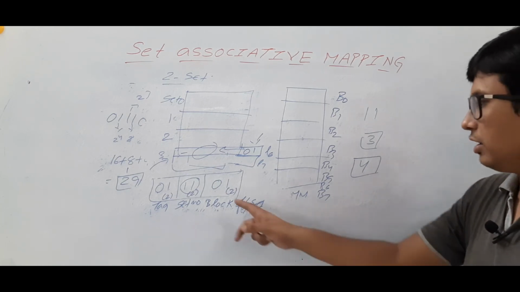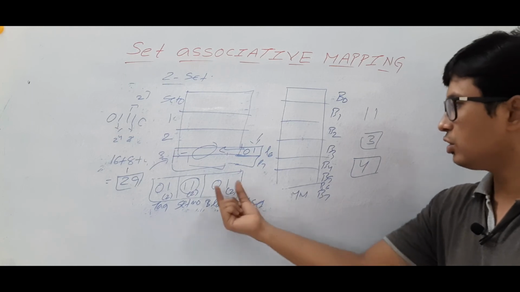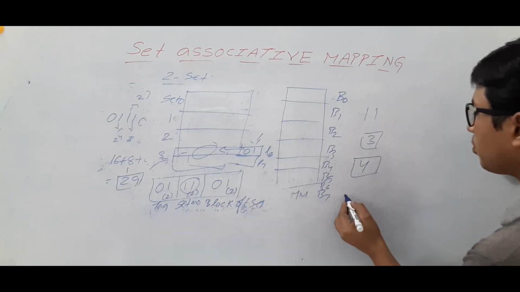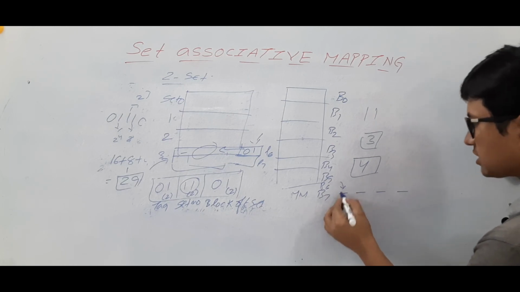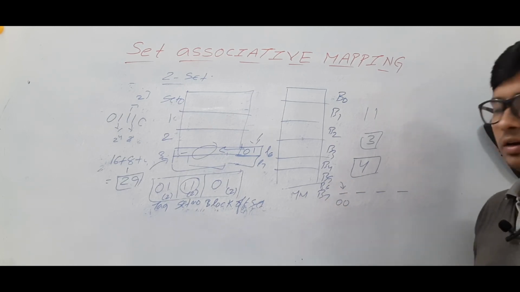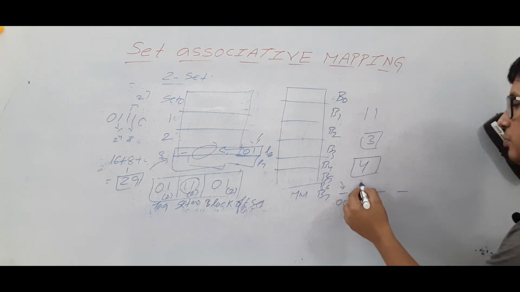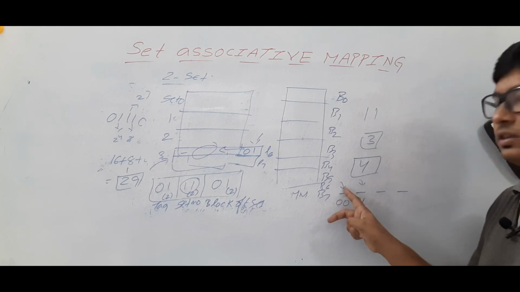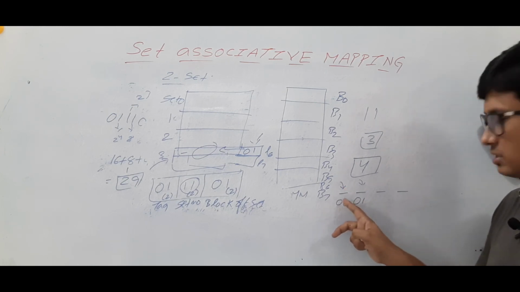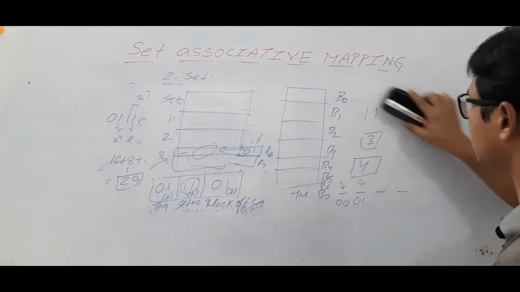If a block has 4 words, only then will you allocate the block offset as 2 bits. If it is 0, 0, then you are searching for the first word inside the block. Are you able to understand it or not?